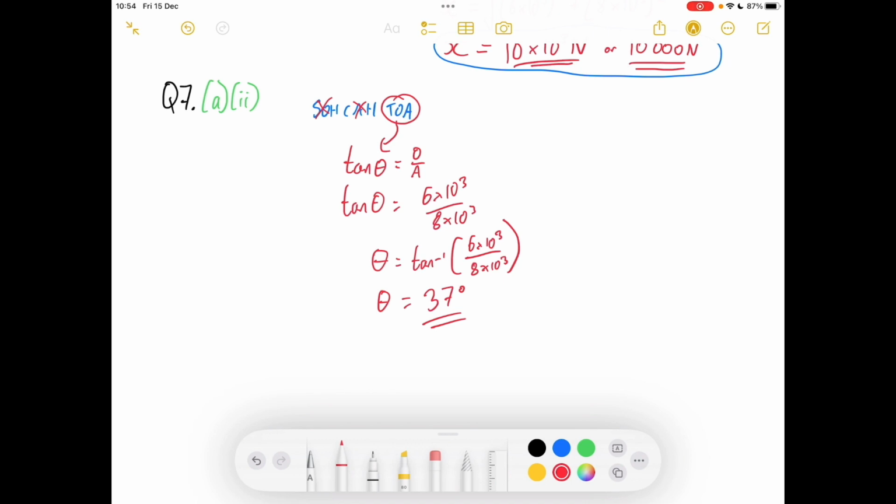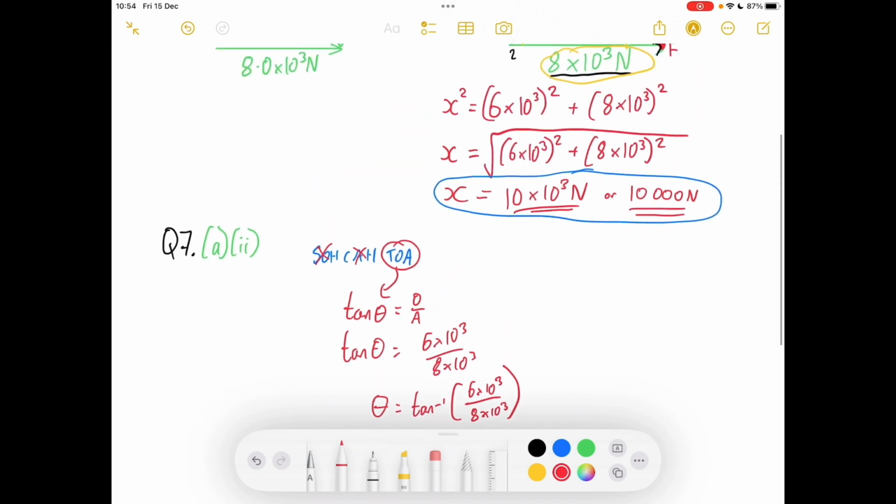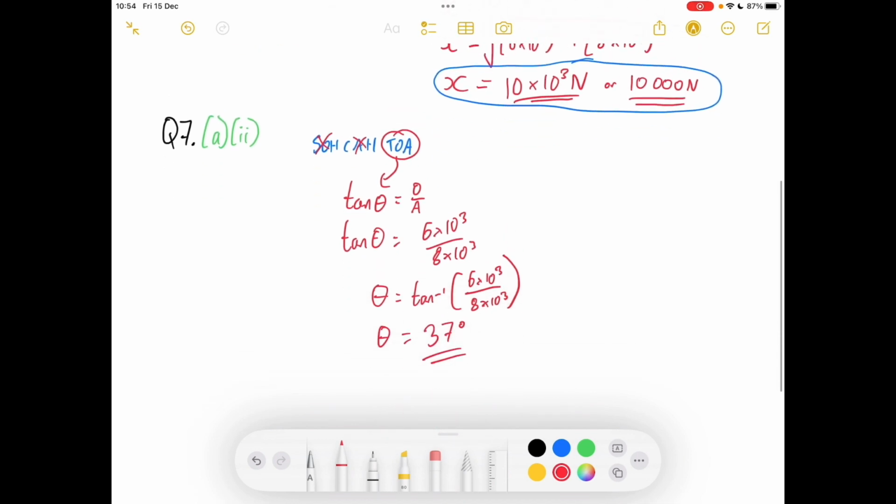So if you've got a distance, so something in meters, or a displacement also in meters, then you'll need a bearing. Here, however, with a force, because we calculated our force to be 10,000 newtons, forces, we just need it as an angle. Simple as that. You can do it with a scale diagram, however, we're not going to do it with that now.